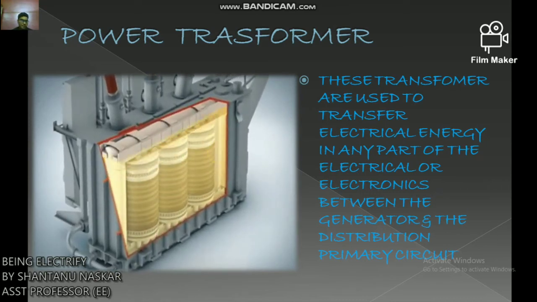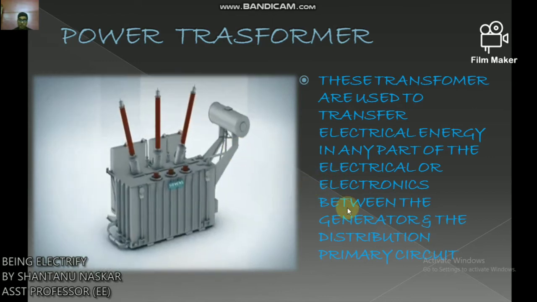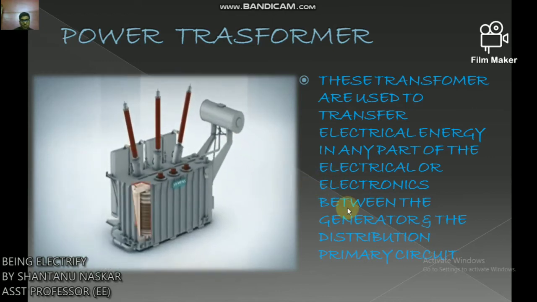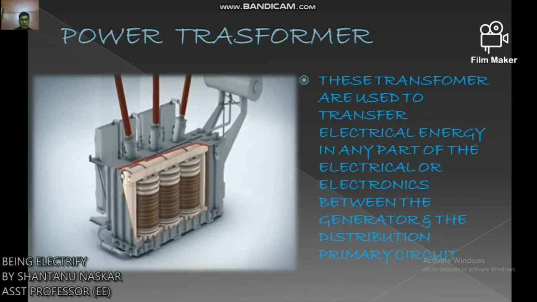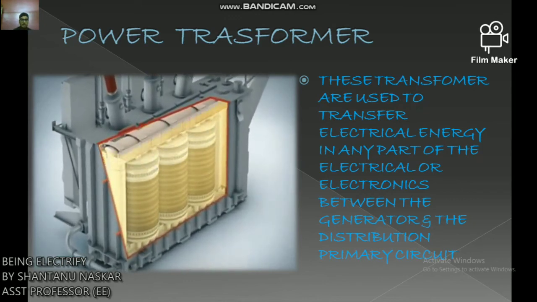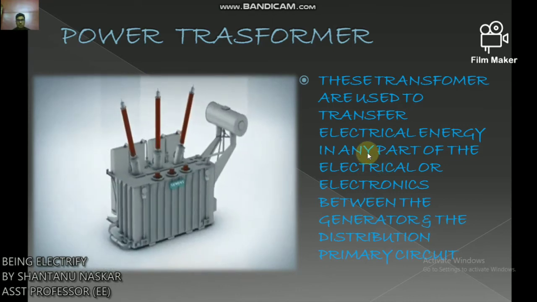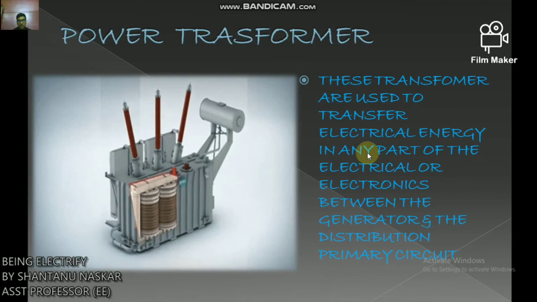So power transformer can be classified into three types based on the range. They are small power transformer, medium power transformer and large power transformer. The range of small power transformer can be from 500 to 7500 kilovolt ampere.